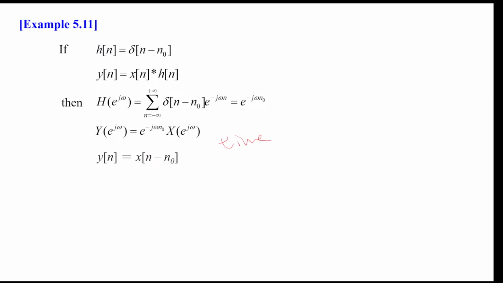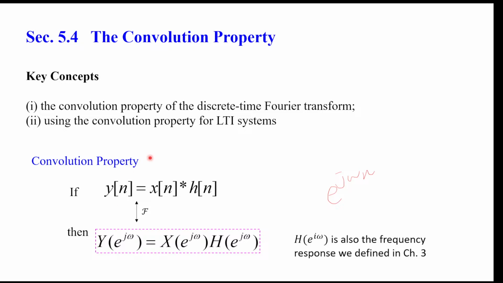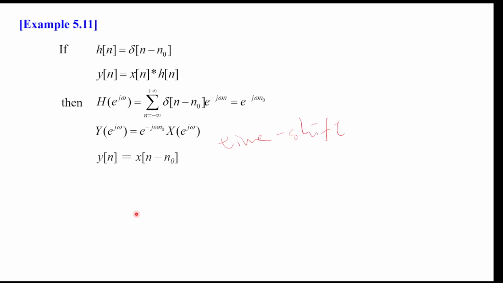Okay, this is the time shift property, and you get that this is the Fourier transform of x of n minus n0. Okay. And that's one example of an LTI system where you see that the time domain description and the frequency domain description check out.